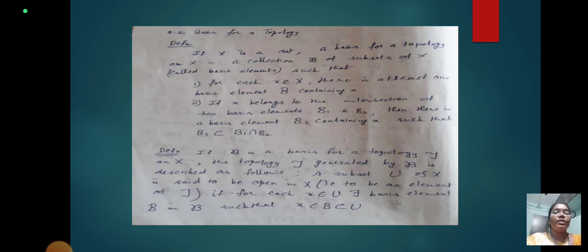Next definition, if script B is a basis for a topology tau on X, the topology tau generated by script B is described as follows. A subset U of X is said to be open in X, that is to be an element of tau.